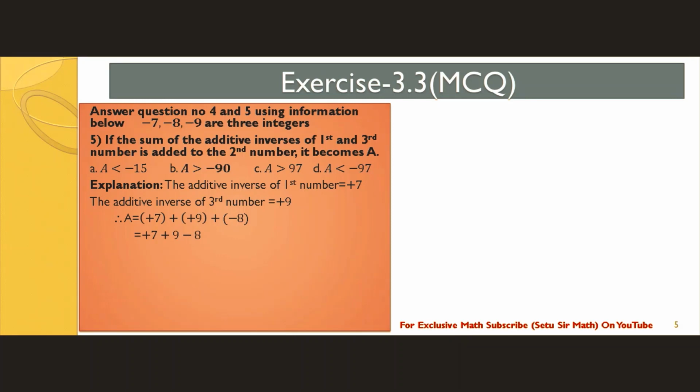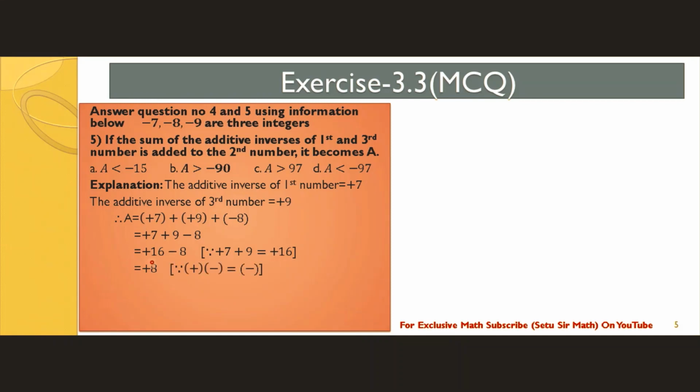So plus 7 plus and plus, that would be plus 9, plus and minus, that would be minus 8. Plus 7 and plus 9, we have to add these two first, 9 and 7, it would be 16, plus and minus, that would be minus. So plus 7 and plus 9 equals to plus 16.